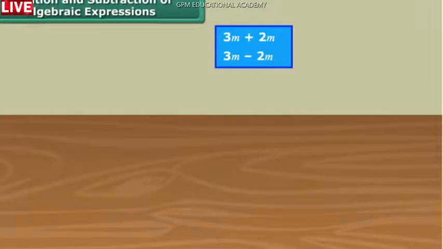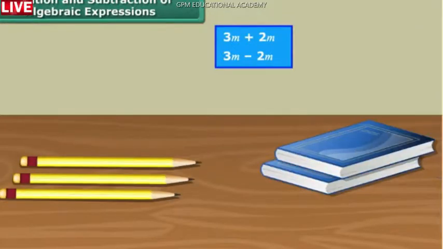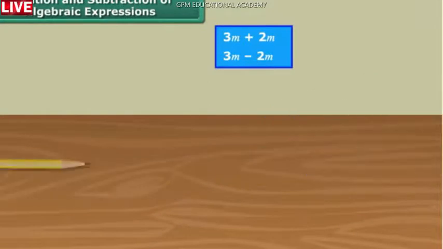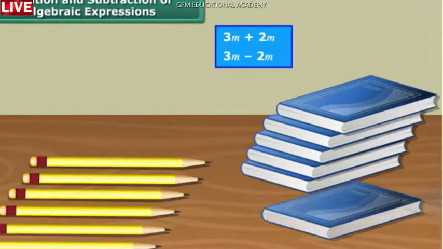But why is it so? Think of it like this. On a table, we have 3 pencils and 2 books. We cannot add the 3 pencils to the 2 books because they are not the same kind of objects. Now, if we get another 3 pencils and 5 books, altogether, we now have 6 pencils and 7 books.